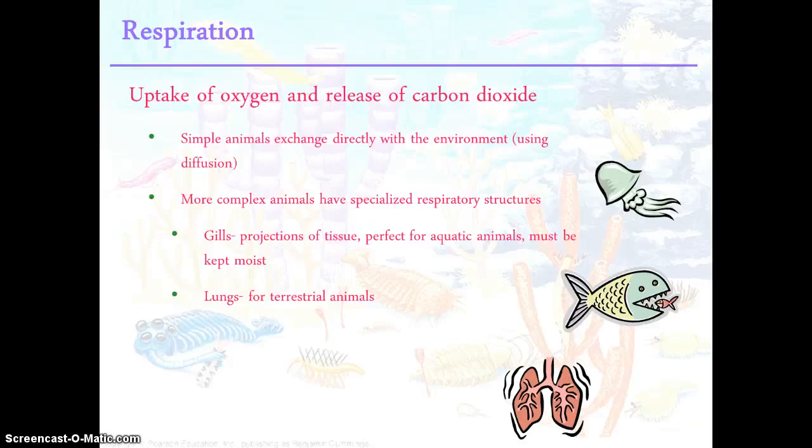The way gills work and the way lungs work, we'll get into later, but there will be blood flow that picks up oxygen and transports it. As we look at fish in another unit, and terrestrial animals in another unit, we'll get into detail about how gills versus lungs work.